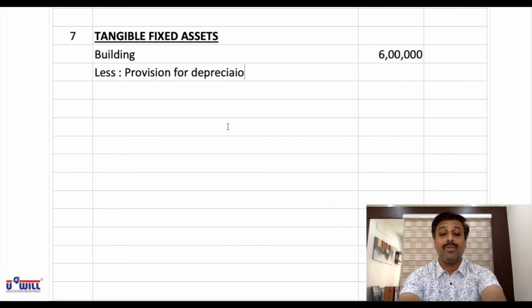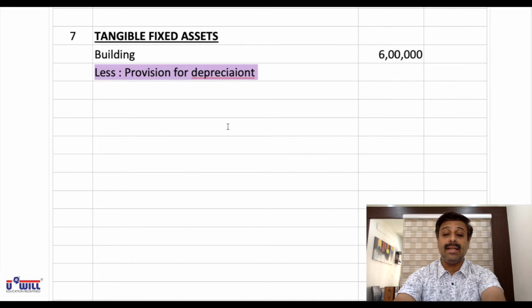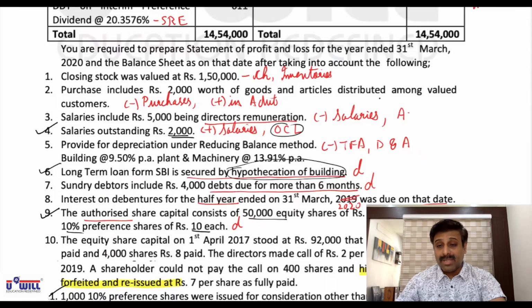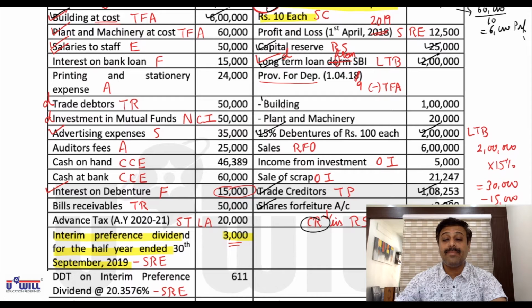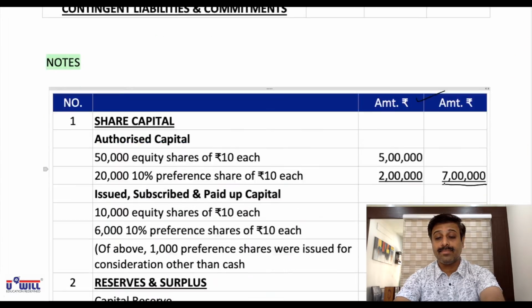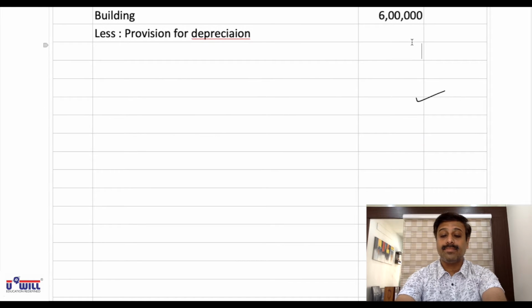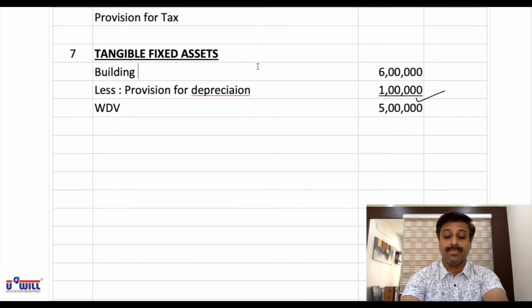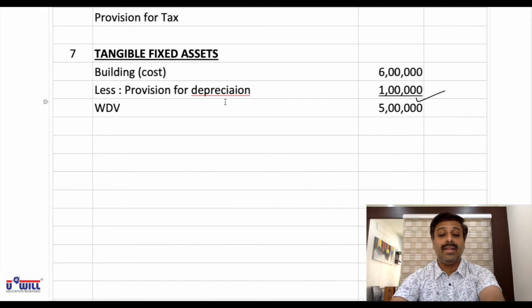What is the provision for depreciation on building given on the credit side? 1 lakh, that we will minus first. So remaining WDV is 5 lakhs. 6 lakhs is the cost, and 5 lakhs is its WDV.